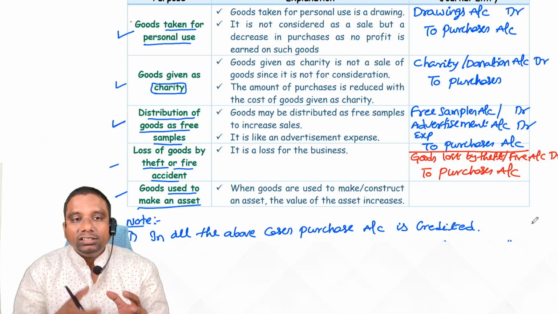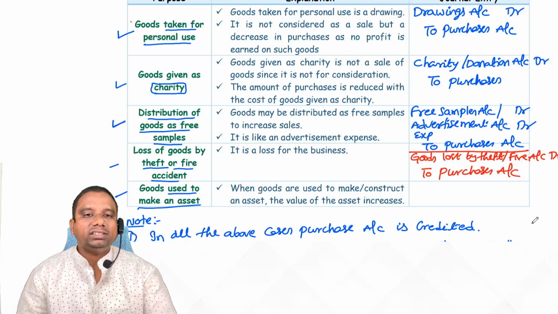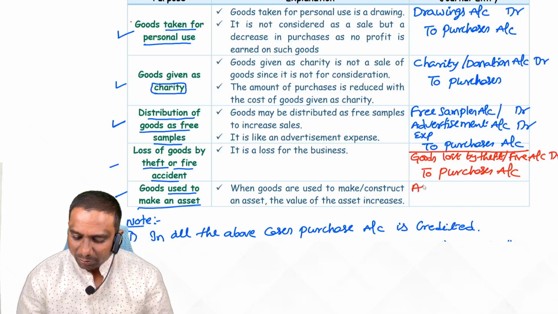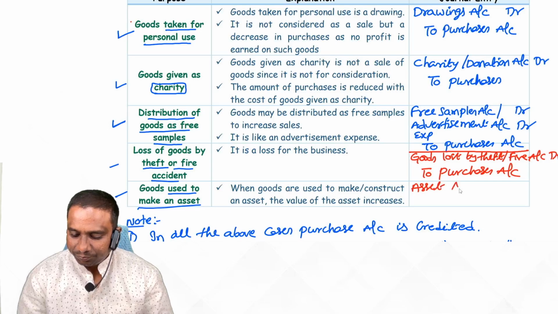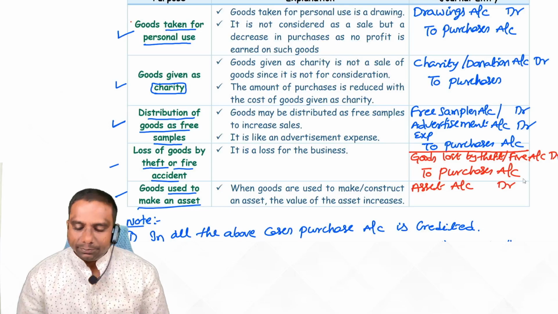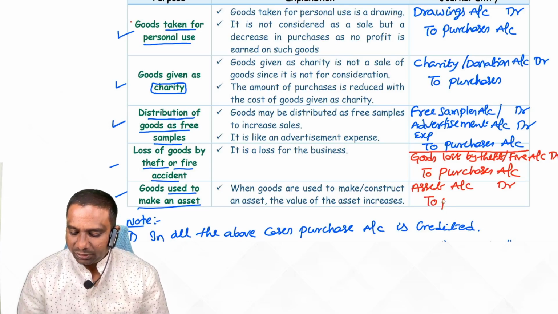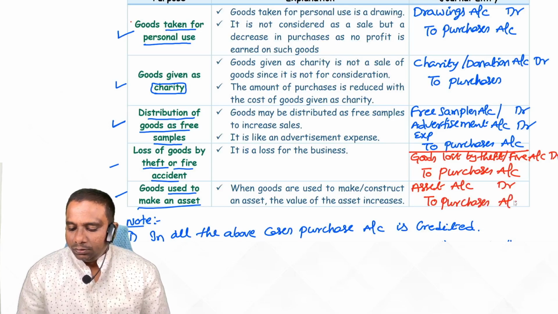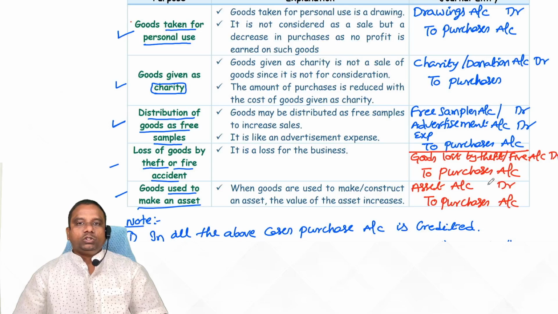By utilizing these goods, we are creating one asset now. So asset account debit to purchases account. Observe, students.